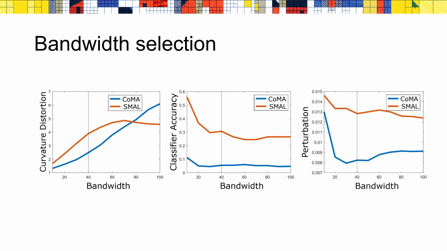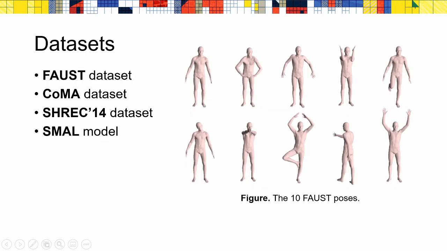For our experiment, which consists mainly of human faces and animals, the optimal value seems to be around 40 eigenfunctions.